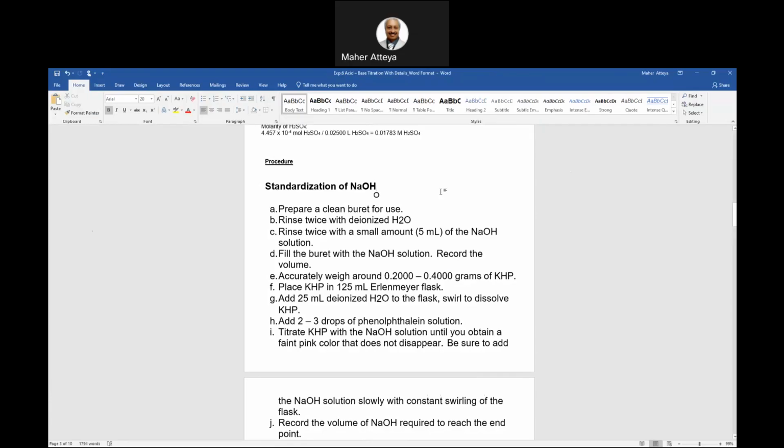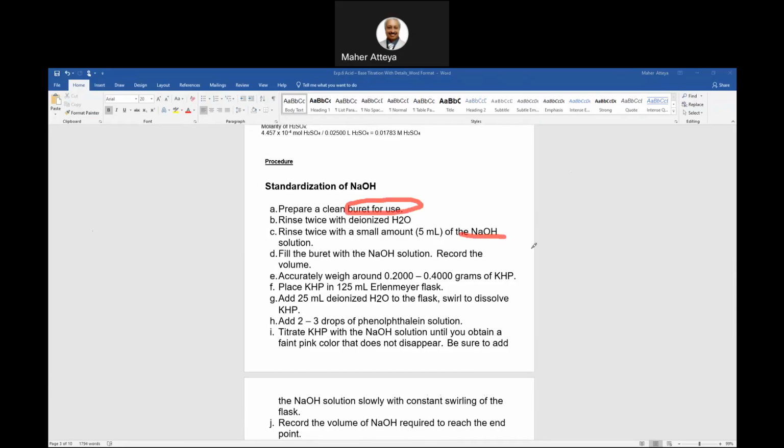You rinse your burette first, correct? First clean up your burette with deionized water. Then you rinse it with a little bit of sodium hydroxide, correct?